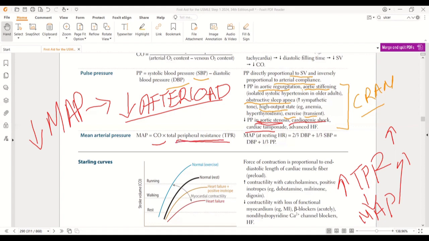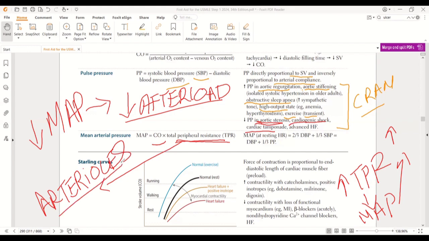Total peripheral resistance is mainly determined by which vessel? Arteriole. So TPR is determined by the arterioles, right? If there is constriction of the arterioles, what happens to the TPR?